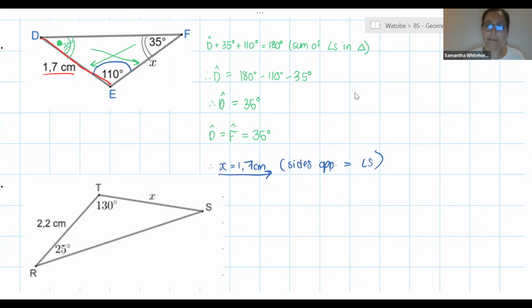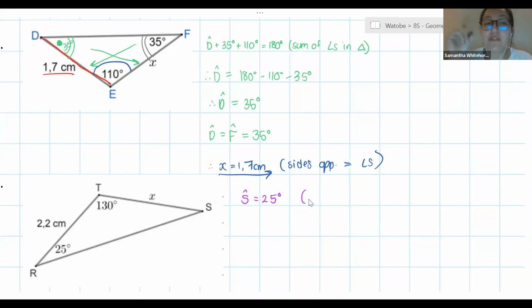I'm going to say angle S is equal to 25 degrees, meaning... Why is angle S equal to 25? How did you get that? The angles are equal. Angle R and S are equal. How do you know that they're equal? Sides opposite equal angles equal.